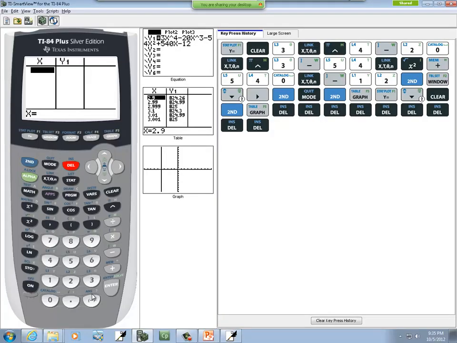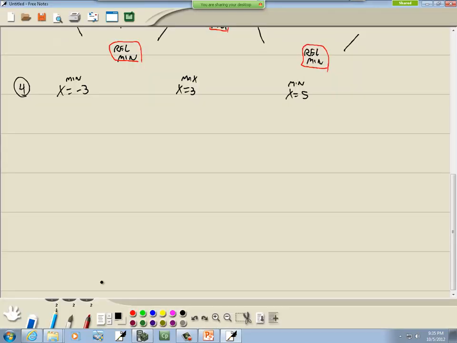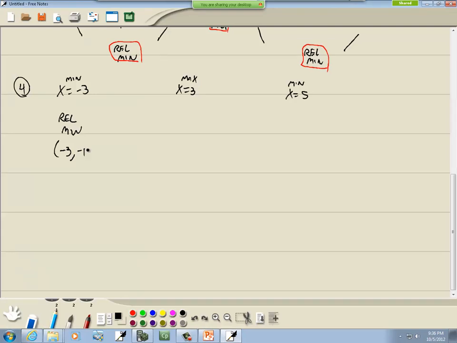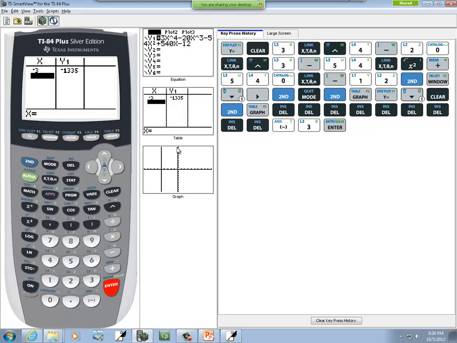So plug in -3 and push enter. So at this one, I'm going to have a relative min at -3, comma, -1335. Now this one, I'm going to have a relative max at 3.